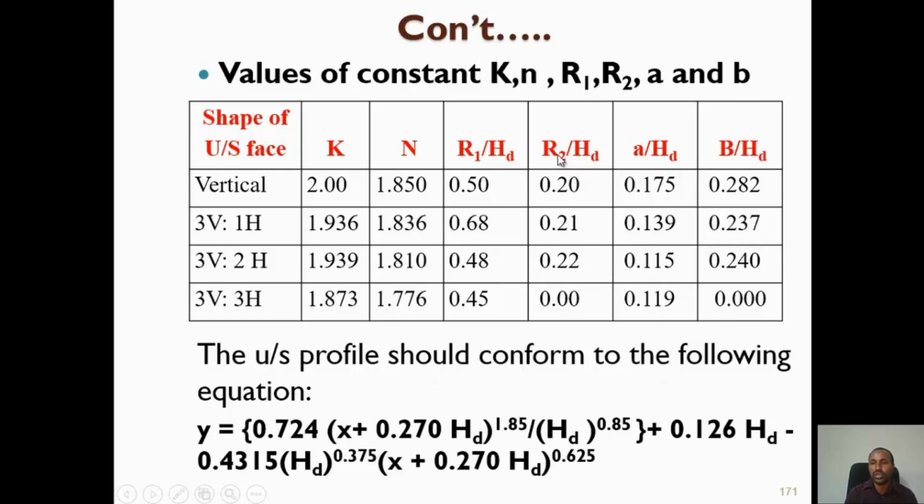Rather than these constants R2 over HD, A over HD, B over HD, you can use this equation to plot the curve: for what value of X, you get the Y value. You have a function of HD, the design head, and also the X distance. So you can provide the upstream profile with this equation, and the downstream profile with the previous equation.